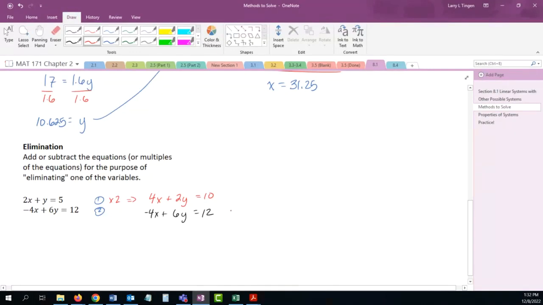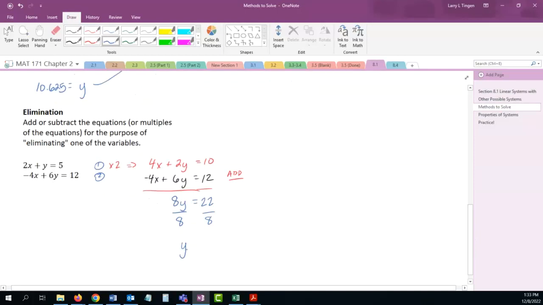And now I'm going to add them. When you add two equations, 4x plus negative 4x is 0. 2y plus 6y is 8y. And 10 plus 12 is 22. The same thing happens as it did with substitution. One of the variables goes away, and now I'm left with a single variable equal to a constant, or equal to some number, which I can solve.